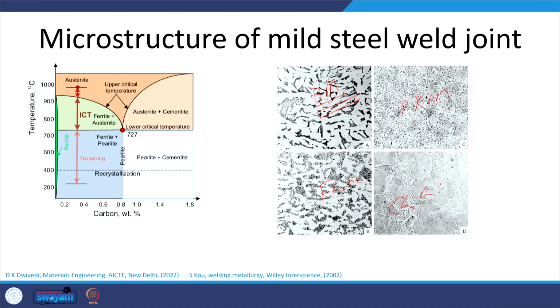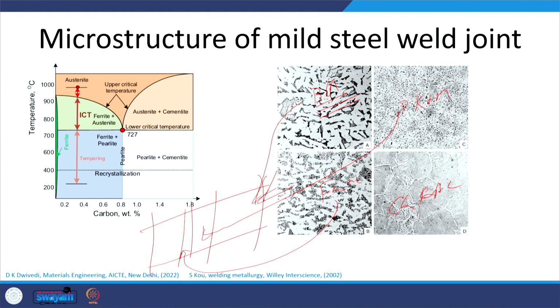So, we see these four zones: the base metal, the partially refined zone, then the refined zone, and then the coarse grained heat affected zone. Next to the fusion boundary we have the coarse grained heat affected zone, then a little away from that the fine grained heat affected zone, then the partially refined HAZ, and then the base metal. These are the four different zones.